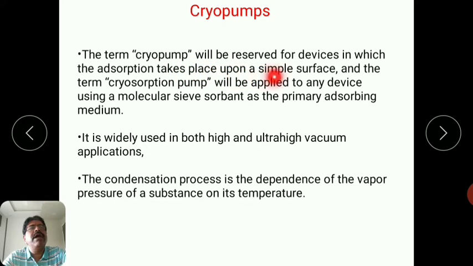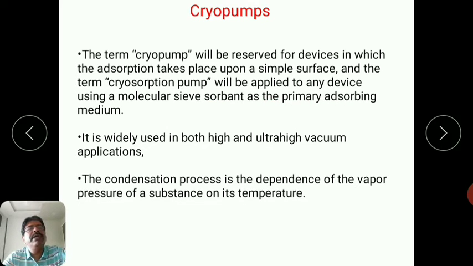The term cryopump is specifically used for devices in which adsorption takes place upon a simple surface, and another term, cryosorption pump, is applied to devices using a molecular sieve sorbent as the primary adsorbing medium.